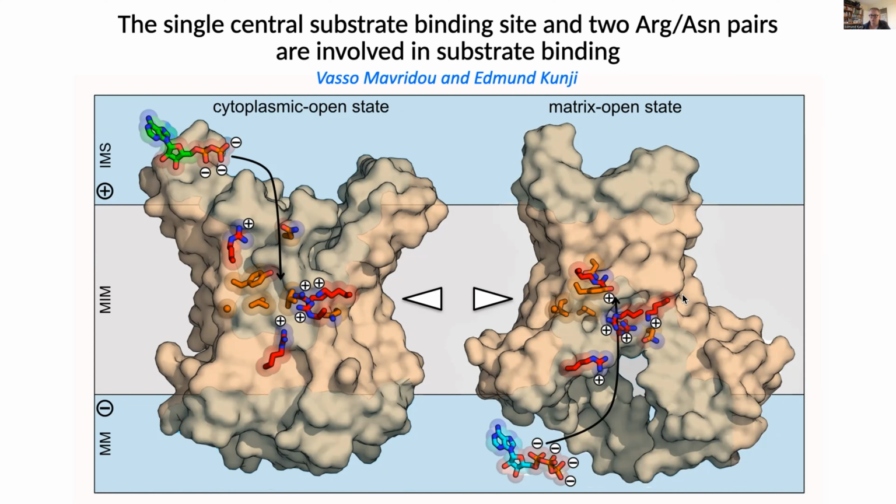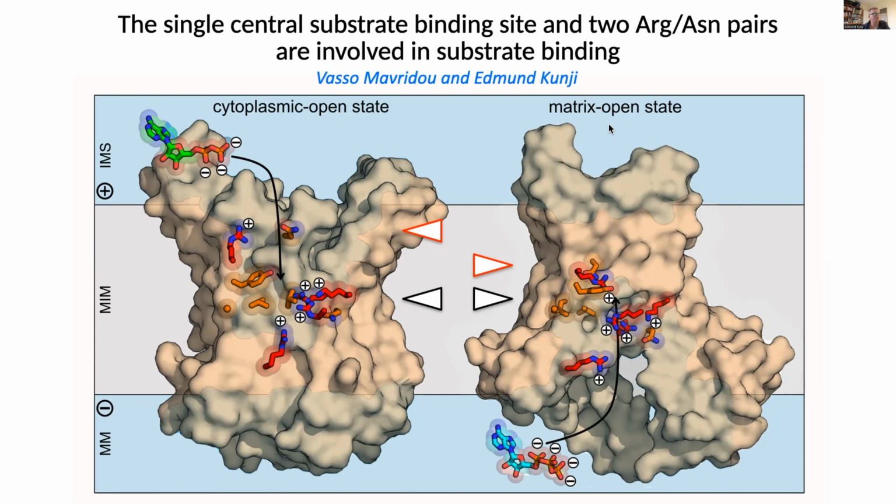But in addition, there were four more residues, the role of which had not been explained previously. And we call them the asparagine arginine pairs. And there are two of them. One is above the substrate binding site, and the other one is below the binding site. And what was striking about those two pairs is that their conformations were actually dependent on the state of transport. So you have one here above the binding site that, first of all, in the cytoplasmic open state, points towards the opening of the cavity.